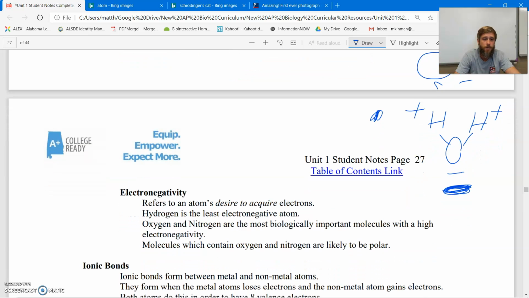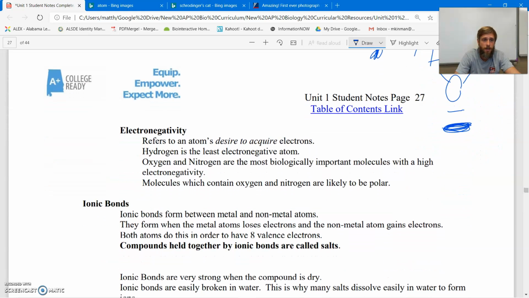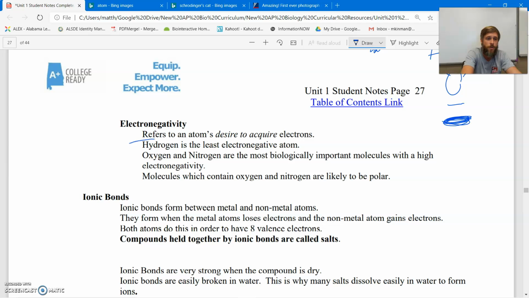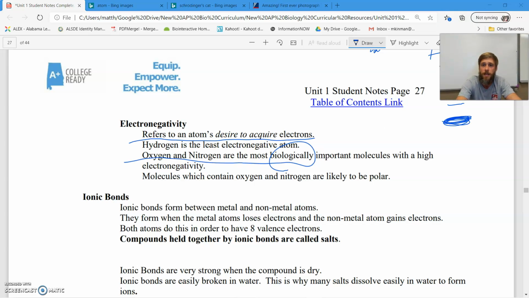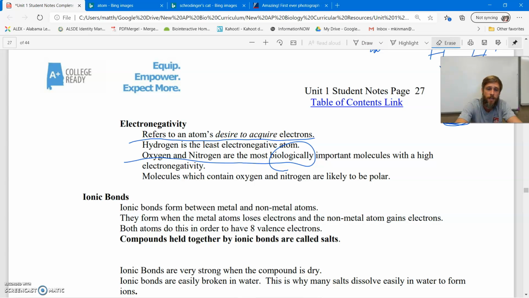And then we move on to electronegativity, and that refers to an atom's desire to acquire electrons, like oxygen. We say that oxygen and nitrogen are the most biologically important elements with high electronegativities. Now, they're not the most electronegative elements on the periodic table, but in regards to biology, they are.